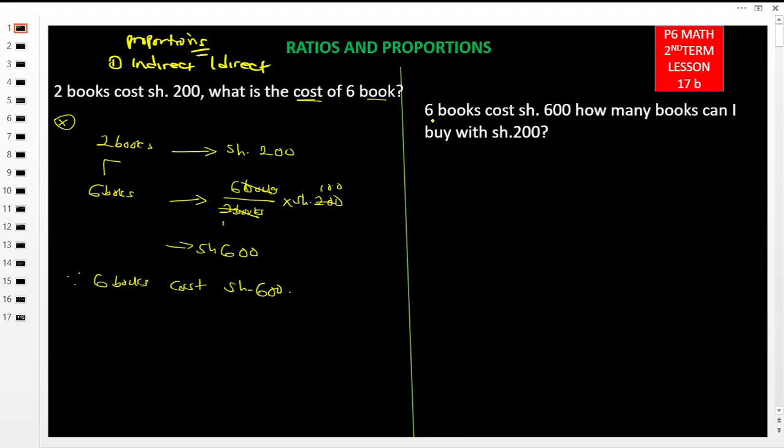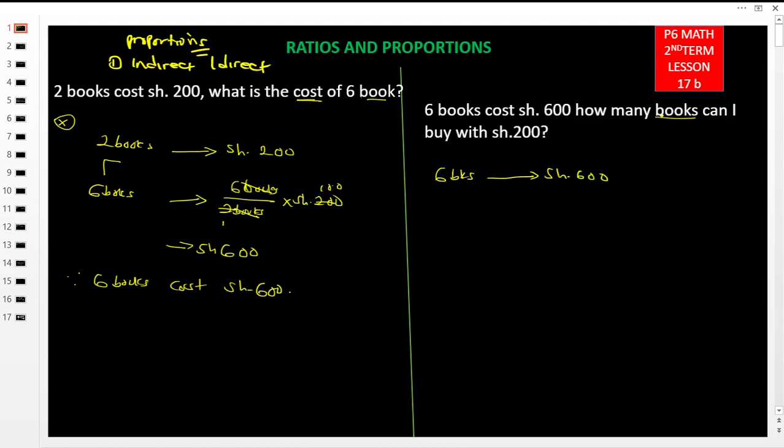Then we come to this example here. They are telling us that 6 books cost 600 shillings. How many books can I buy with 200? Now what are they asking? They are asking for books. How many books? Now we are not starting with the books, we are going to start with the cost. And this first one is always the leading statement. So what is the leading statement? It is saying that 6 books here they cost 600 shillings.